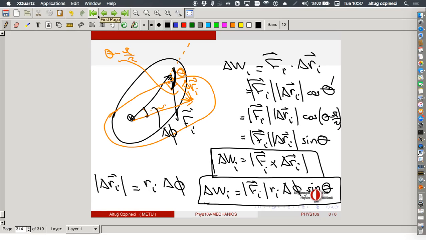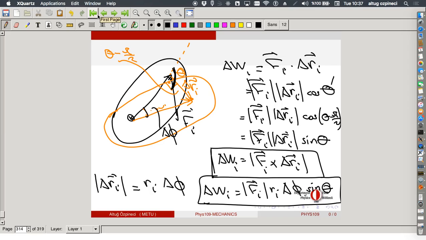Because for normal displacement, it's a linear displacement. I'm not looking at any angles. This is the definition of the work. But that point doesn't move linearly. I don't care.